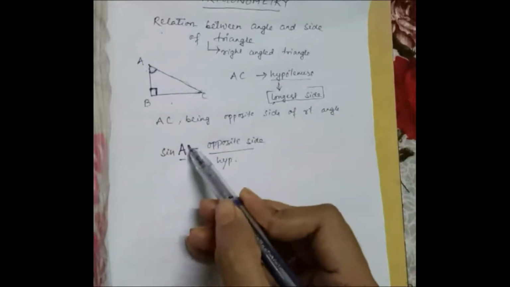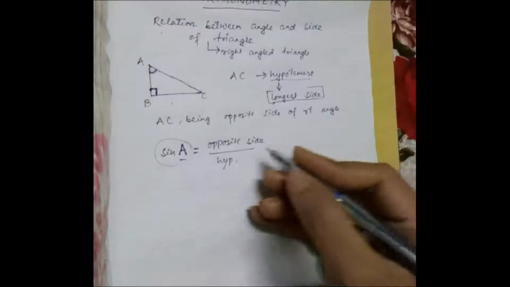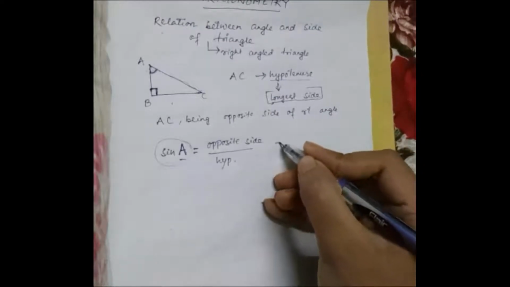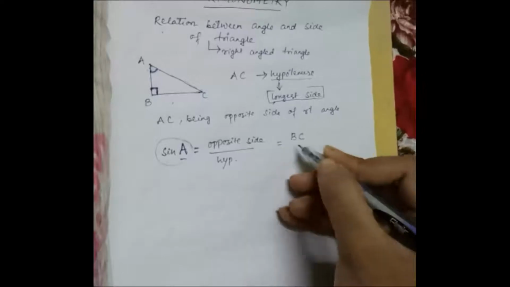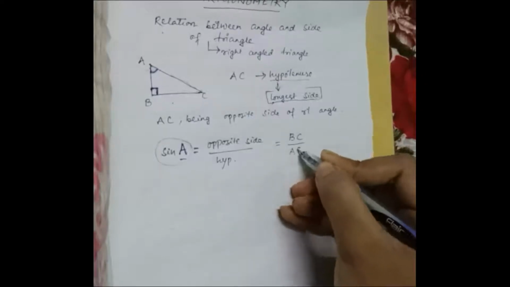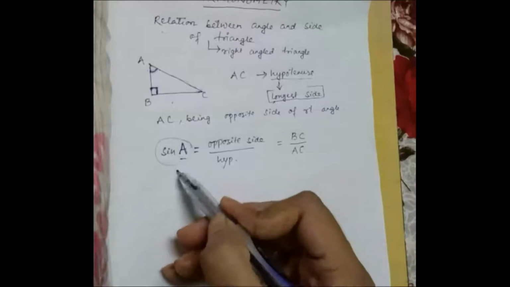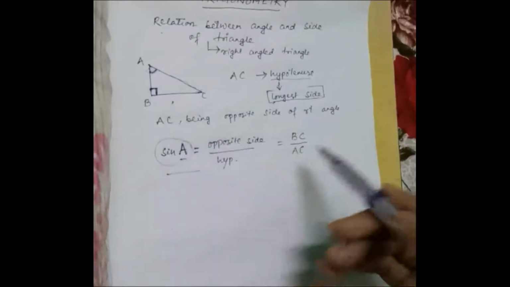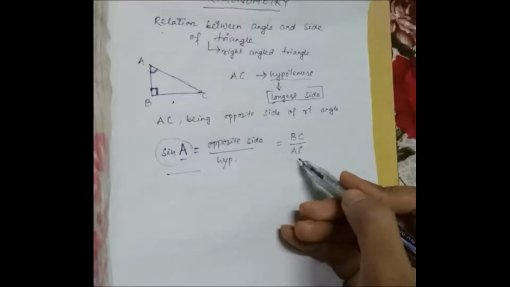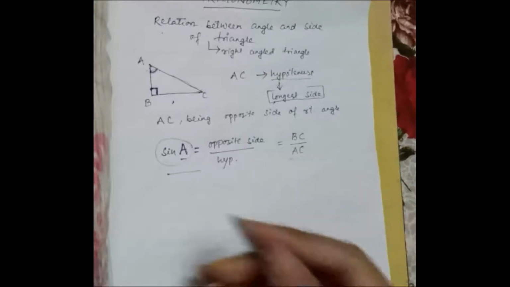So the definition of sine of angle A will be opposite side, meaning BC, by hypotenuse, which is AC. So sine A from this triangle will be BC by AC.